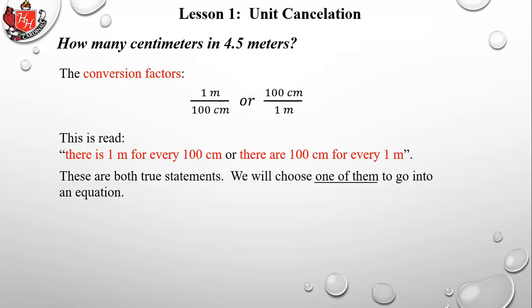So this is read just the way I said it, or you could use for every. There is 1 meter for every 100 centimeters, or there are 100 centimeters for every 1 meter. That's the way you would read those ratios. These are both true statements, so we need to choose which one we need to go into the equation to figure out how many centimeters in 4.5 meters.